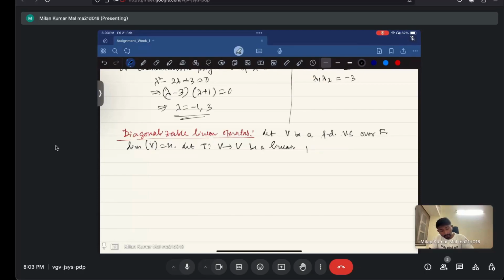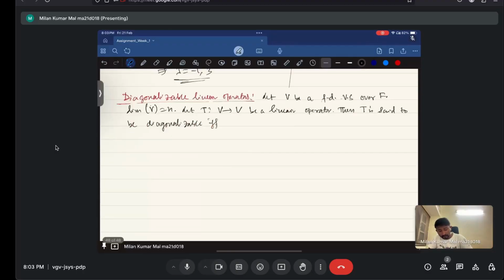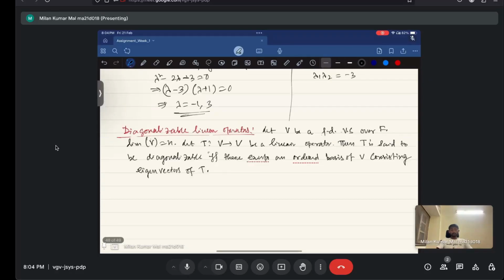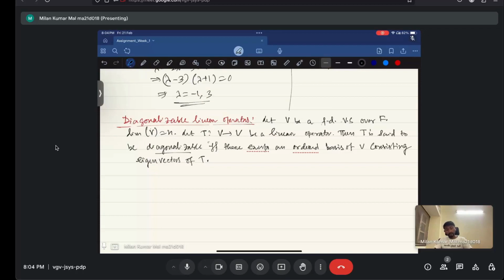then T is said to be diagonalizable if and only if there exists an ordered basis of V consisting of eigenvectors of T. So let V be a finite dimensional vector space and T be a linear operator from V to V. To define diagonalizable, we don't actually need finite dimensional, but for a matrix we need it.